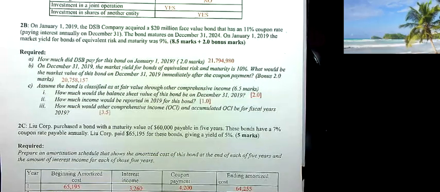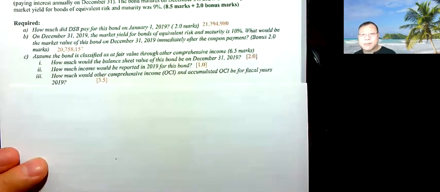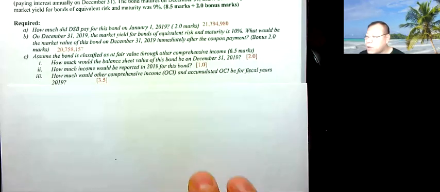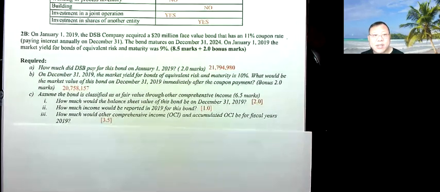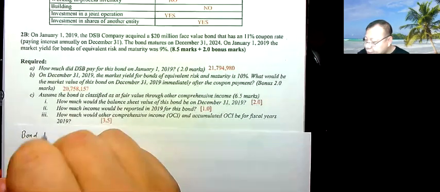So let's take a look at the first one. How much did they pay for the bond? This is really about calculating the bond price.